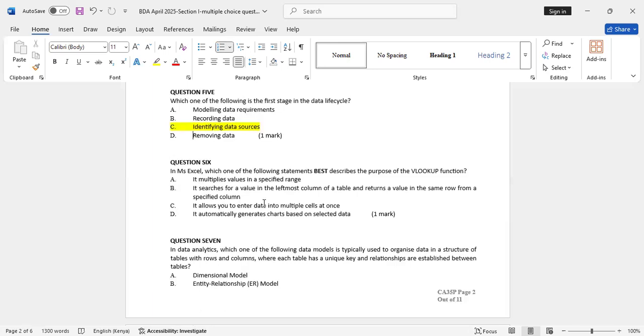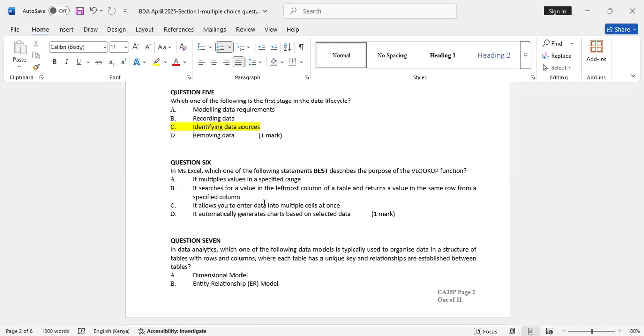Yeah, so for you to answer this question correctly, you look at where there is a mention of a row. A, it multiplies values in a specified range. B, it searches for a value in the leftmost column of a table and returns a value in the same row from a specified column.